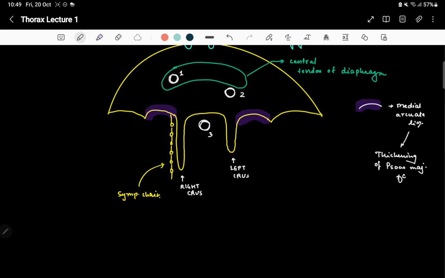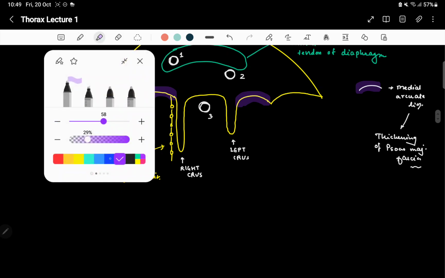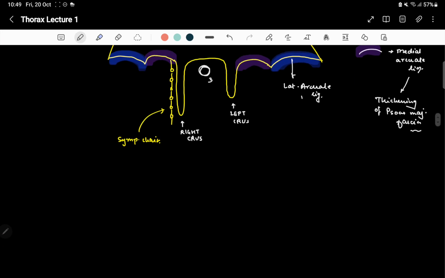Okay, the thickening of psoas major fascia, and here in this part, this one and this one, these are the lateral arcuate ligaments. Lateral arcuate ligaments are the thickening of your thoracolumbar fascia.